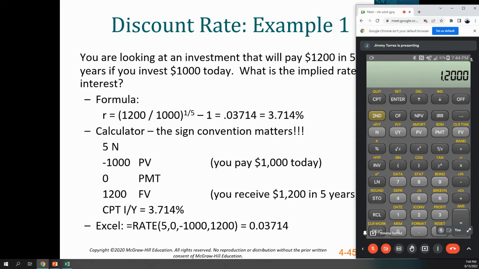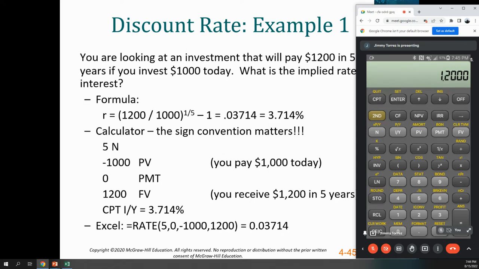I want to elevate that to the power 1 over 5.